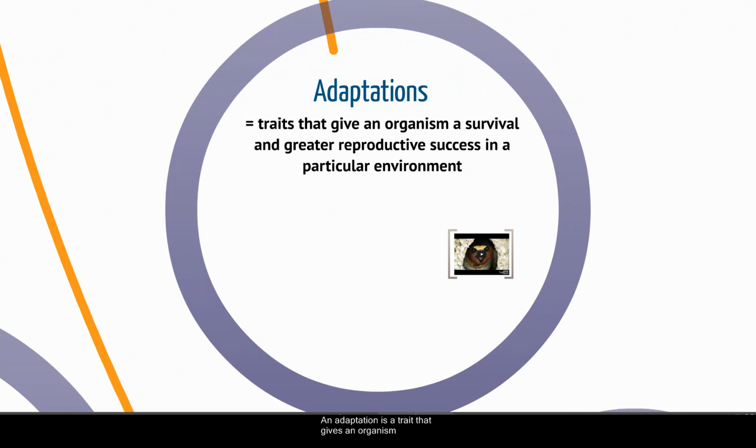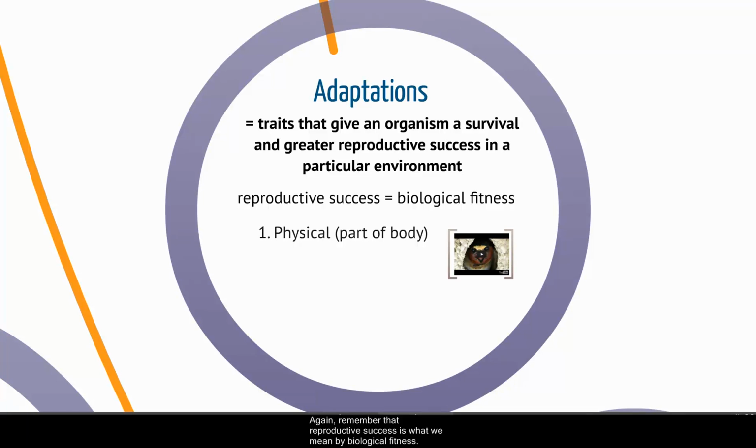An adaptation is a trait that gives an organism greater reproductive success and survival in a particular environment. So adaptations are what natural selection is actually going to act on. Again, remember that reproductive success is what we mean by biological fitness.